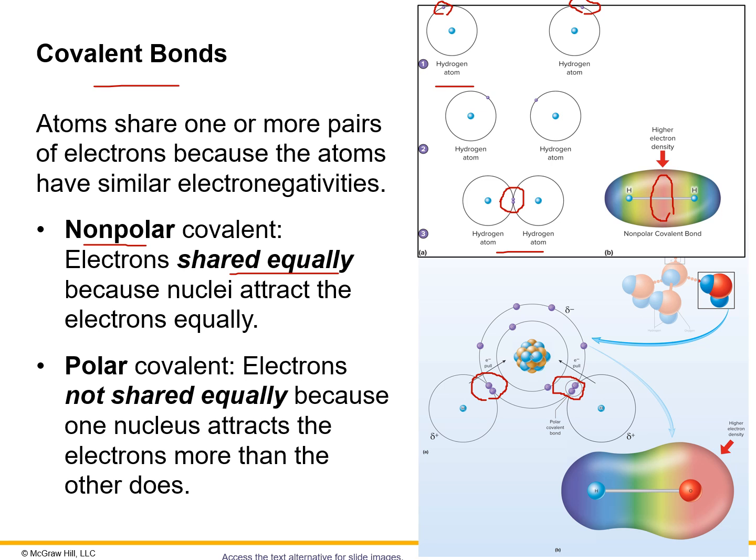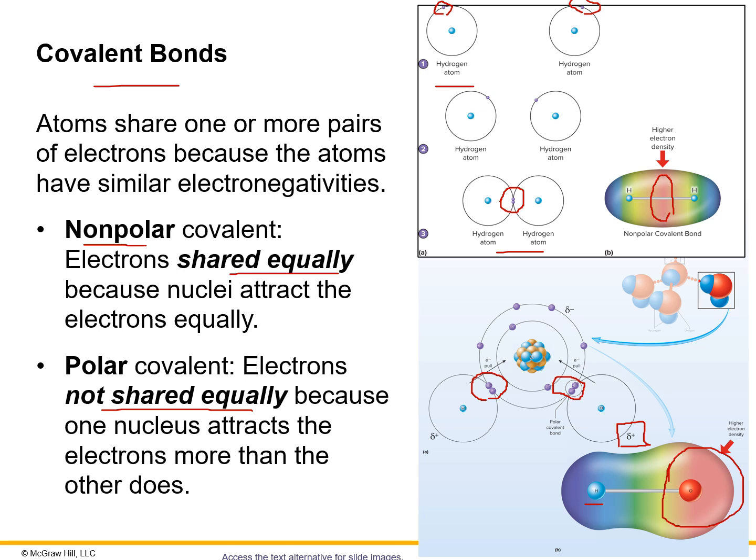Now the difference though is that oxygen is kind of a bully. It more attracts the electrons than what hydrogen does. So now those electrons are not shared equally. And as we can see here, the electrons end up spending more time around the oxygen than around the hydrogen. And it gives those hydrogens a slightly positive charge.